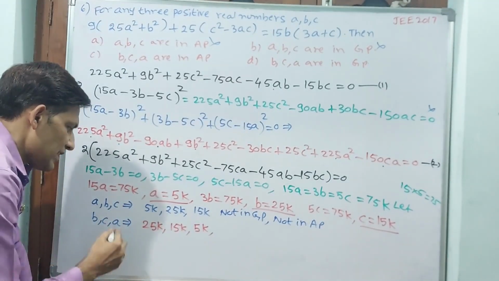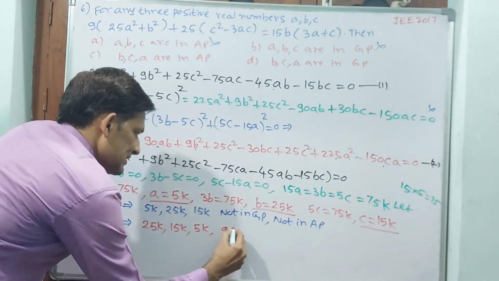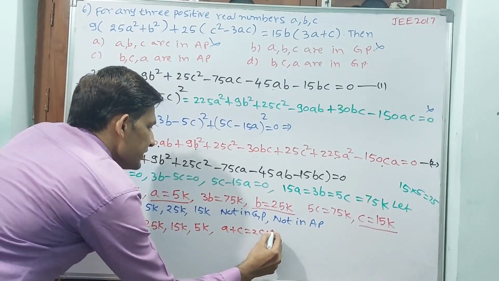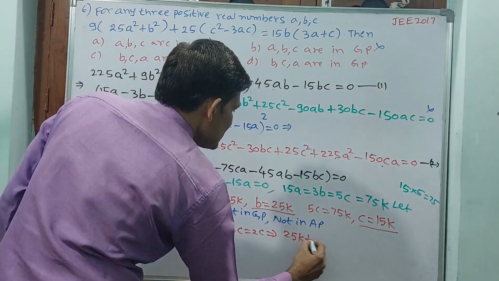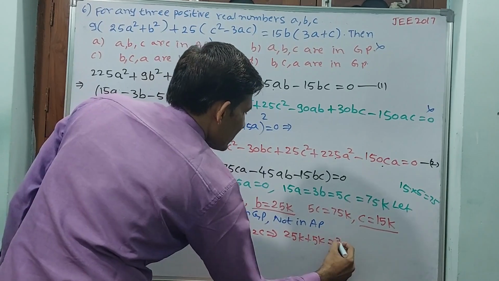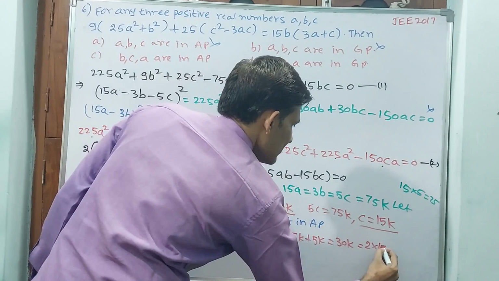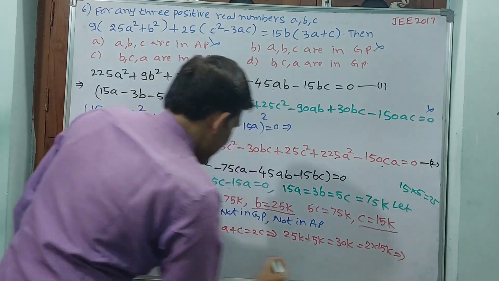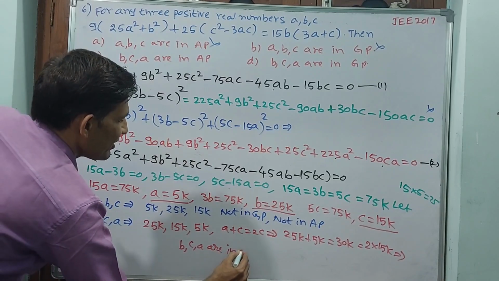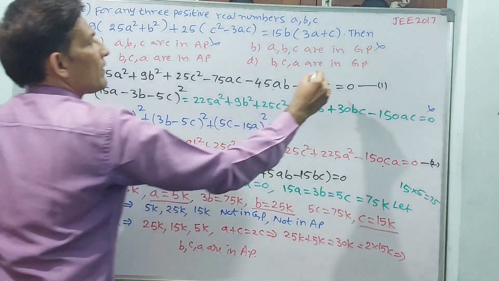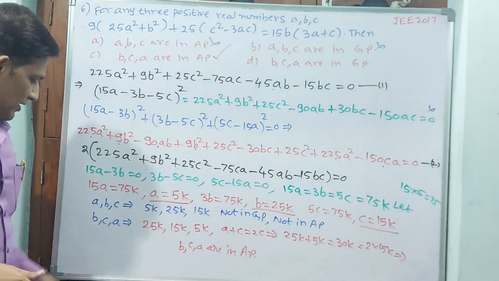If these are in AP, then the first plus the last is equal to 2 times the middle: 25 plus 5 is equal to 30K, that is equal to 2 times 15K. This implies B, C, A are in AP. This is your answer. B, C, A are in AP.